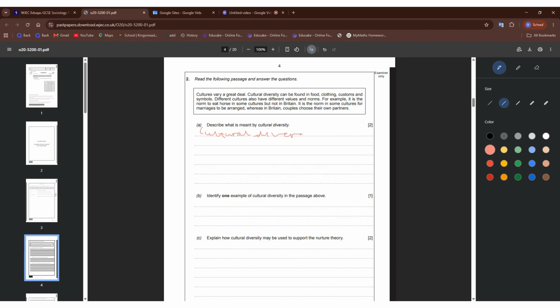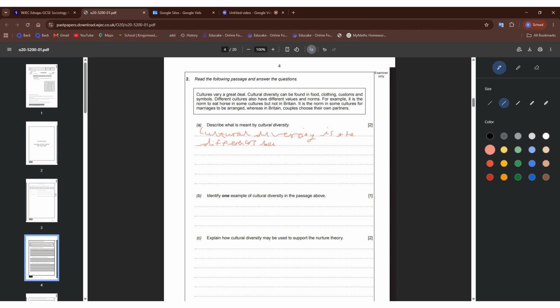Cultural diversity is the differences between cultures.